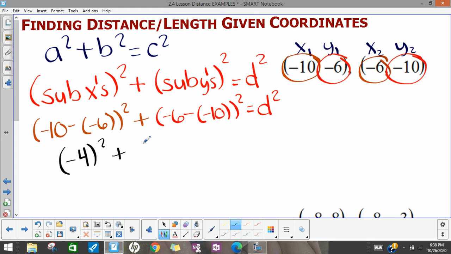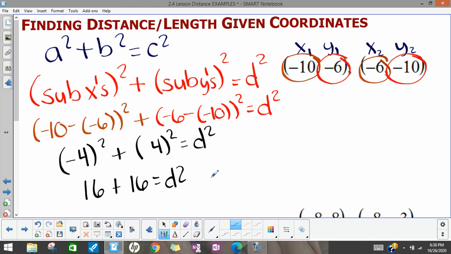Again, use your calculator if you need to. -6 minus -10 is going to give me +4. So I'm getting a -4 squared and +4 squared are both going to be 16, +16. So I get 32.